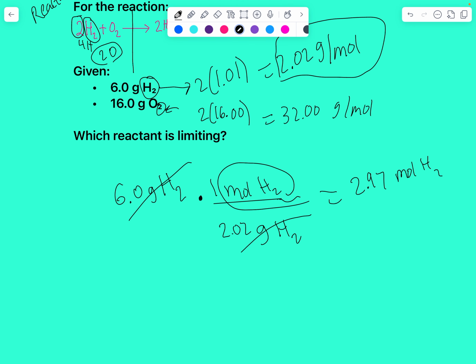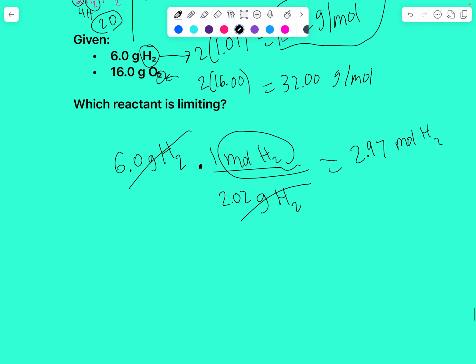We always start with our givens: 16 grams of O2 times 1 mole over 32.0 grams of O2.